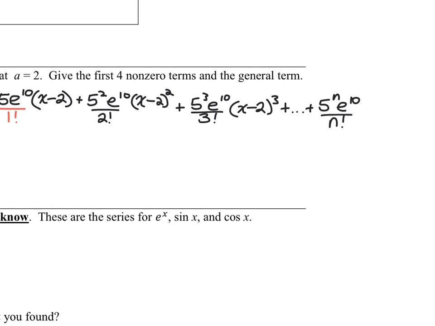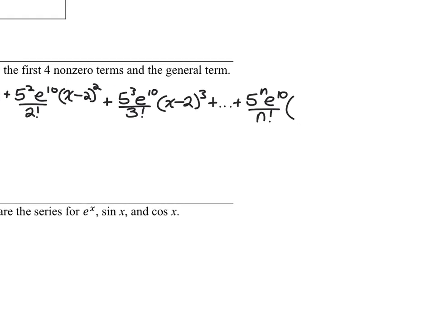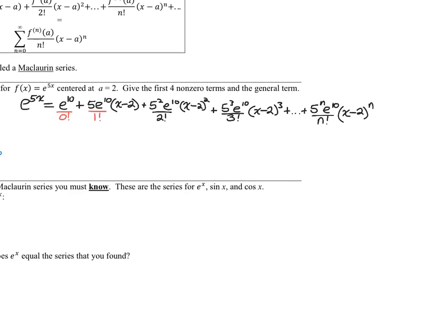The power, factorial, well, actually both of these powers and the factorial all match up. So whatever I choose, if I choose to call this n, then these are going to be called n also. All right. Times x minus 2 to the nth power. All right, so that's the general term.